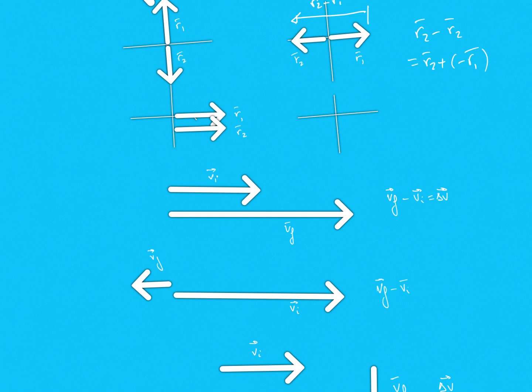If this is in the same direction, you know delta V will be the change in the velocity. In this case, if it represents velocity, it will go from the head of V initial to the head of V final. So the change in the vector will be here.